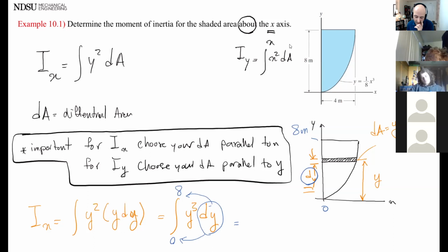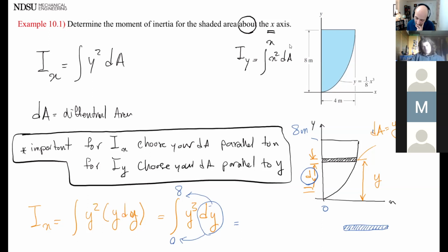Okay, I messed up something here. No one caught it, and that's where the confusion comes from. What is my dA? What is my mistake here? Isn't it 2y? No, this is dy, but what is the length of it? It should be x dy.